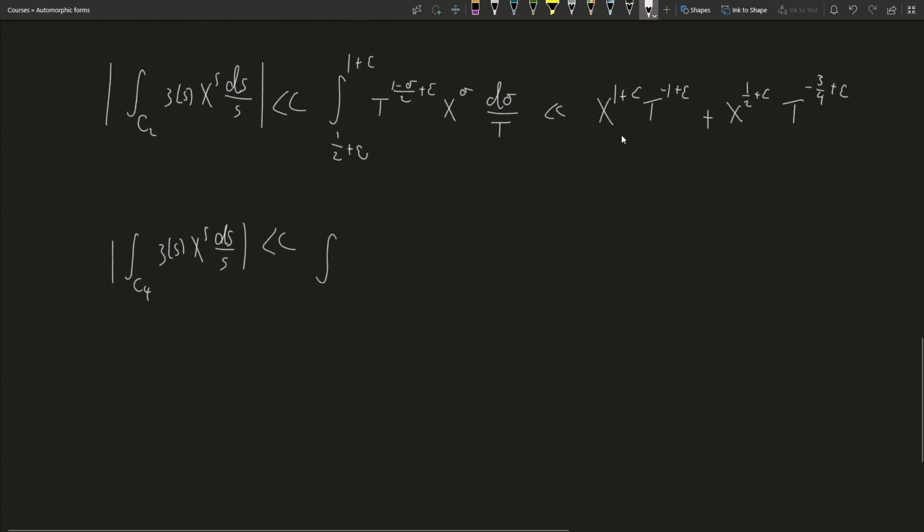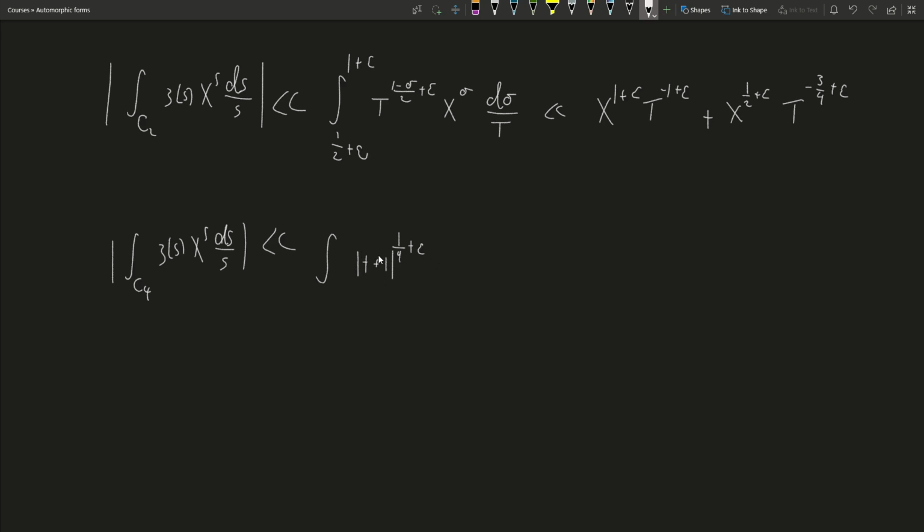Well, let's be a little bit careful. We can write t plus 1 to the 1/4 plus epsilon, just because when you're close to the real axis, the convexity bound isn't telling you you're going to vanish or anything. It just tells you you're bounded.